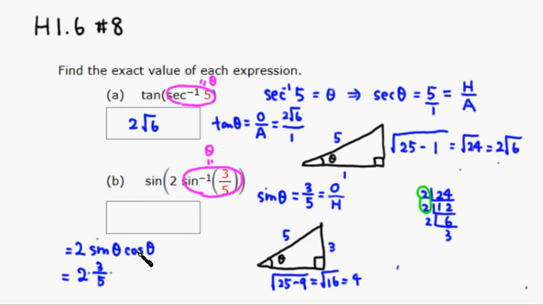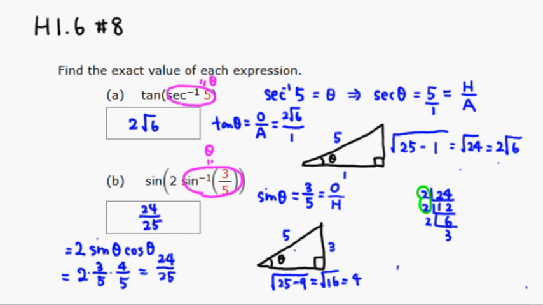We have to find the cosine. Cosine is adjacent over hypotenuse. In this case, the adjacent is 4 and the hypotenuse is 5. So 5 times 5 is 25, and 2 times 3 is 6, and 6 times 4 is 24. So we have 24 over 25.